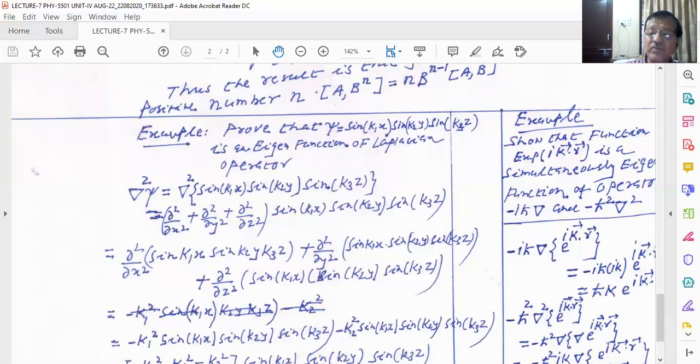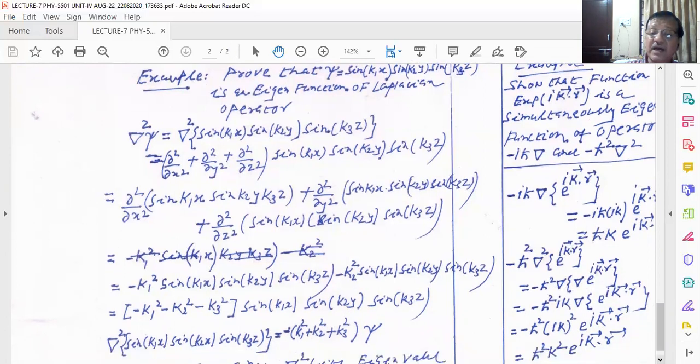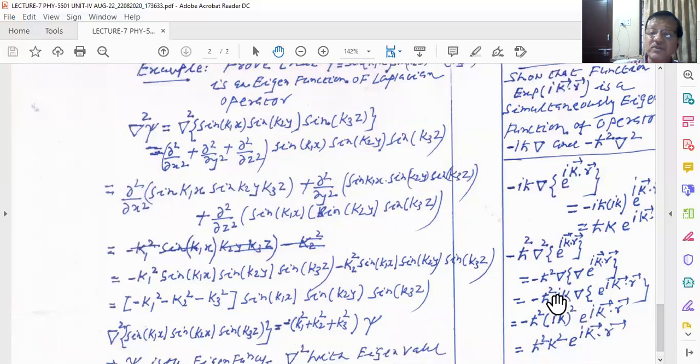And now we have another operator, that is minus h cross square del square. So it is minus h cross square del square operating on e to the power of ik dot r. I can write that del square is del dot del, so del operating on del of e to the power of ik dot r.